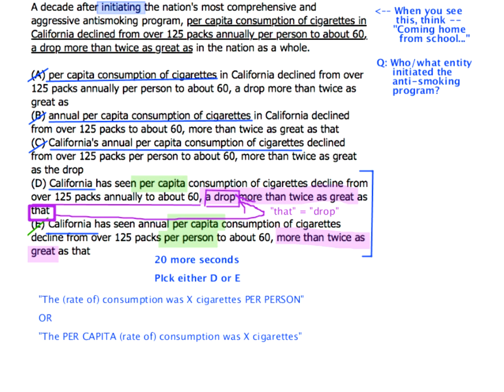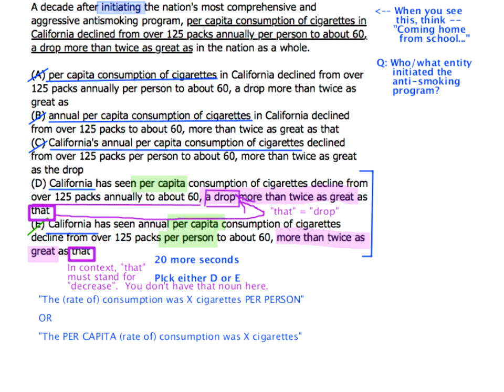The first thing is that we don't have anything for that to stand for, except for consumption. But then if it stood for consumption, the sentence doesn't make sense. In context, that must stand for decrease or drop or something like that. So you don't have that noun here.